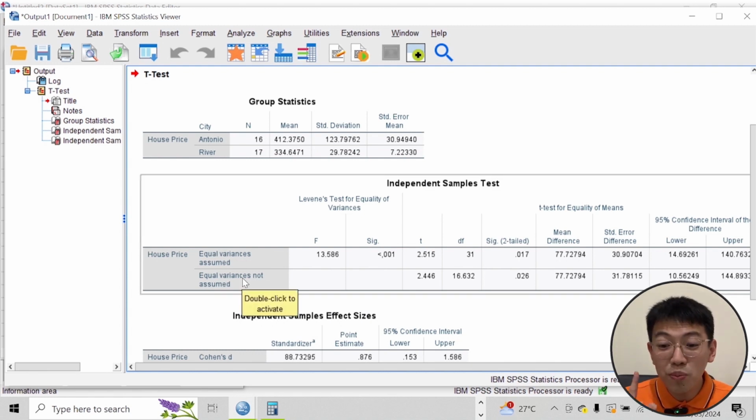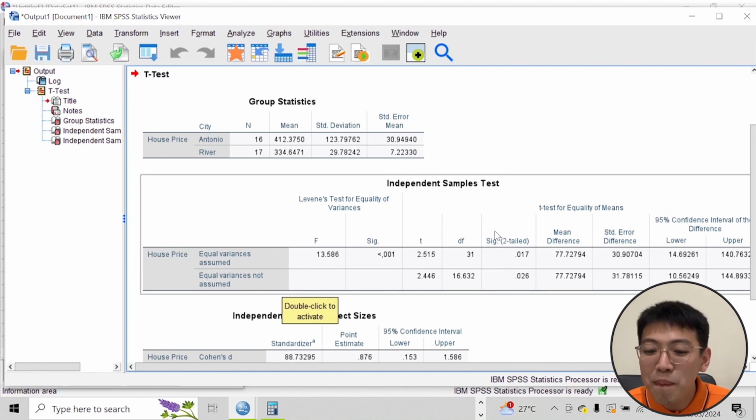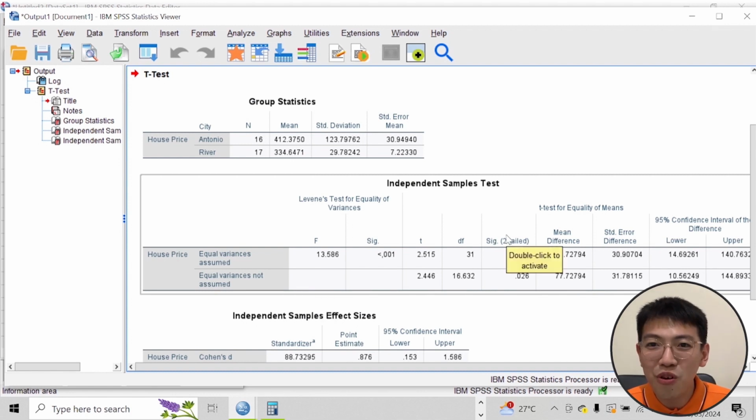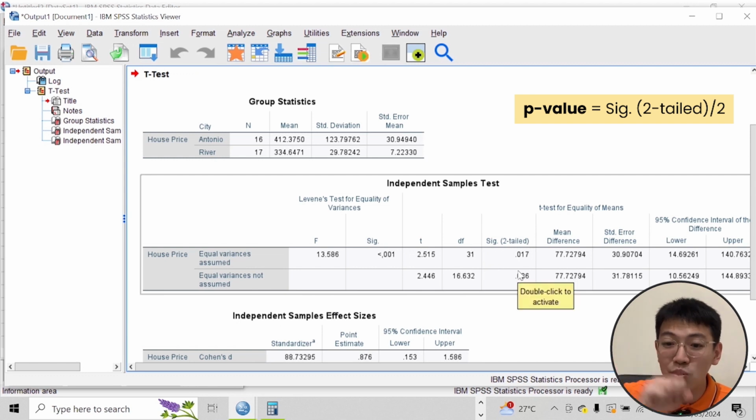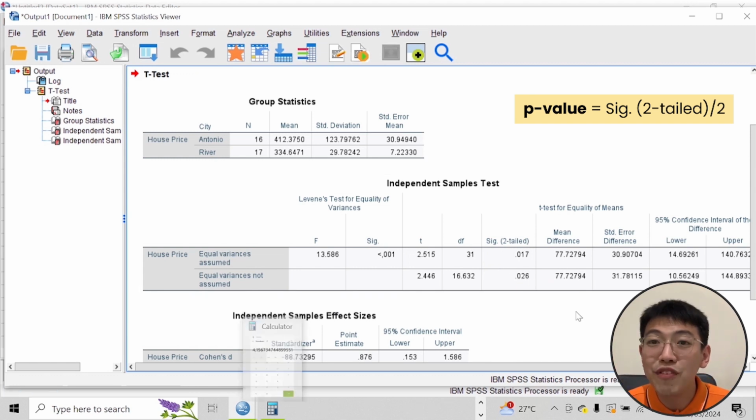One thing that you need to pay attention to, if you want to conduct a one-tailed test, the p-value here is only for 2-tailed. The Sig. here is only for 2-tailed. Therefore, in the one-tailed test, to find the p-value, you have to divide the Sig. 2-tailed by 2. This is 0.026. If it is divided by 2, it becomes 0.013.